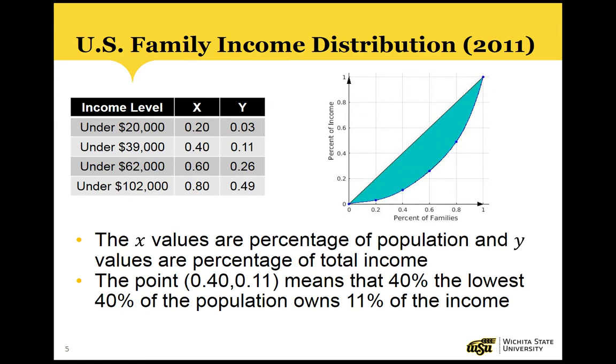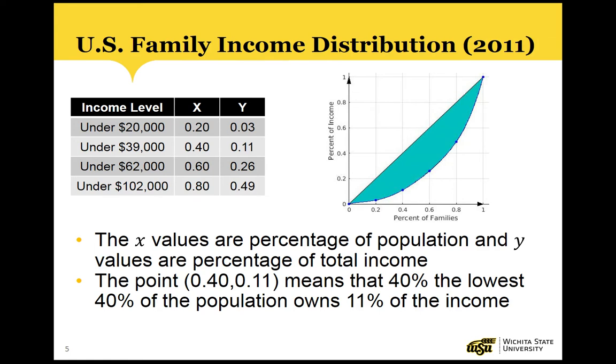Here we have the family income distribution from the 2011 census. As you see, there are several data points along which we see the relative percentage of the population and how much of the total percentage of the income they account for. So, as we mentioned before, 20% of families account for just 3% of the total income.